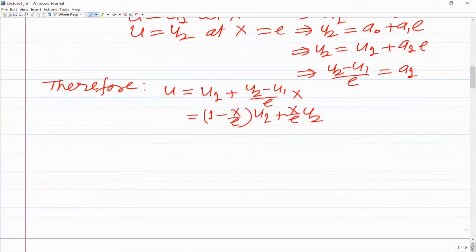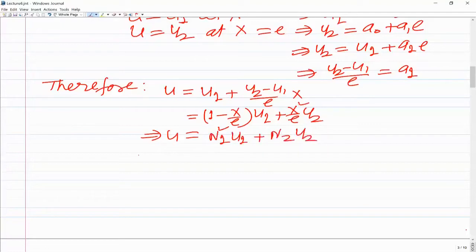So now once you have this, we have some nomenclature over here. This is the interpolation of the displacement within an element. That means we refer to this as an interpolation function. So this we write as n1 into u1, and this we write as n2 into u2.